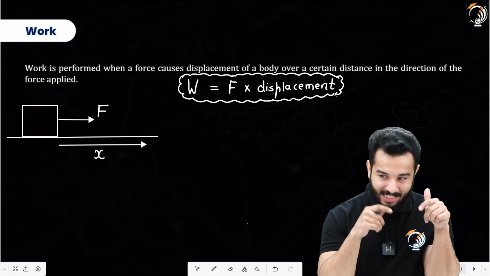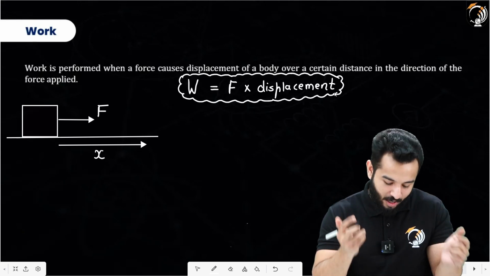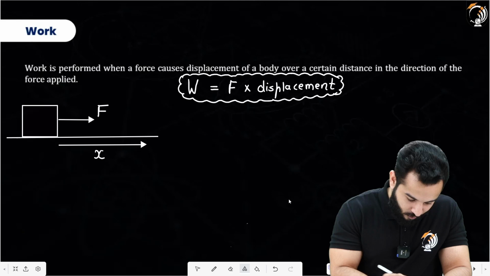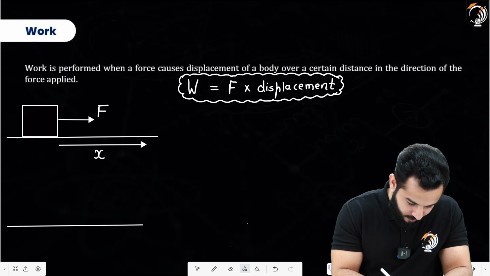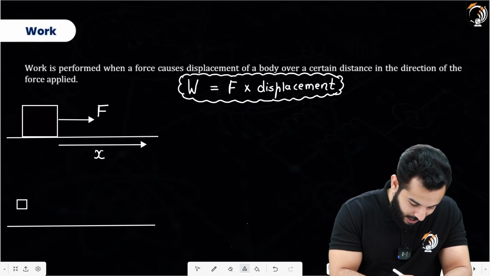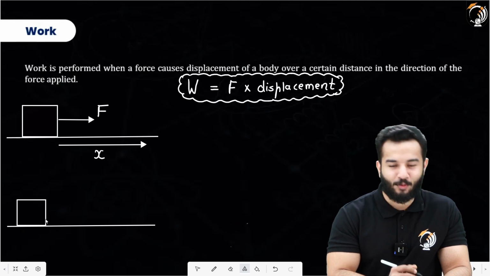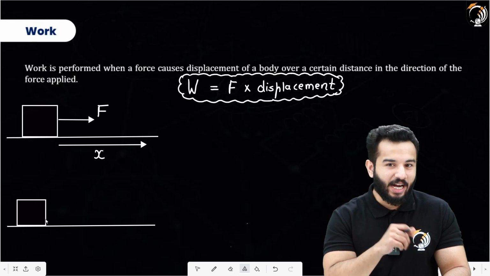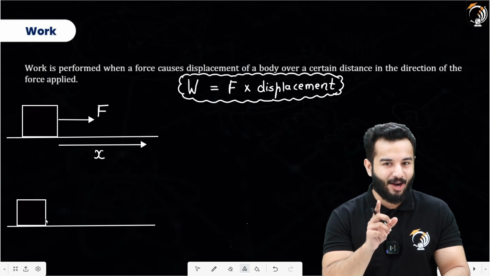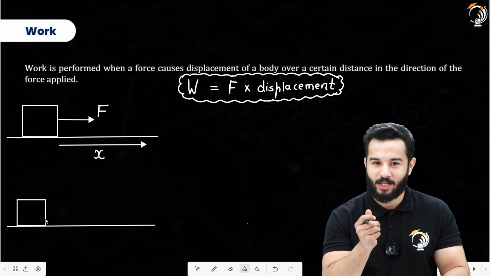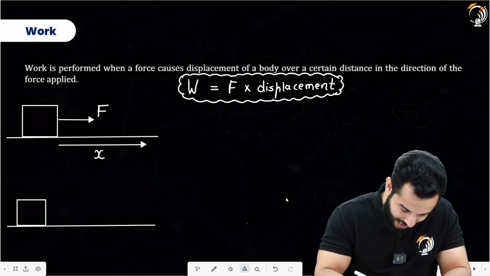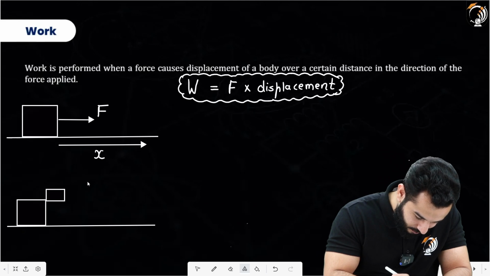Let's suppose instead of a diagram like this, we make a diagram something like this. We have got a surface, we have got a box kept on this surface, and let's suppose a child is trying to pull this block using a rope, but now the child is actually pulling the block at an angle. So the force that is now acting is at an angle, something like this.